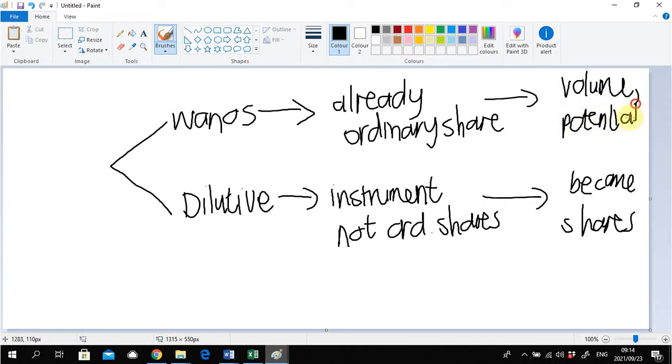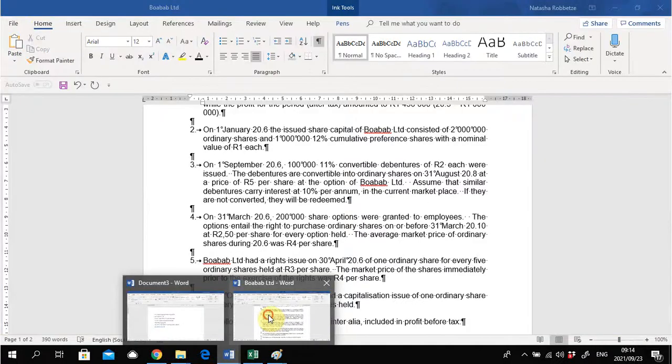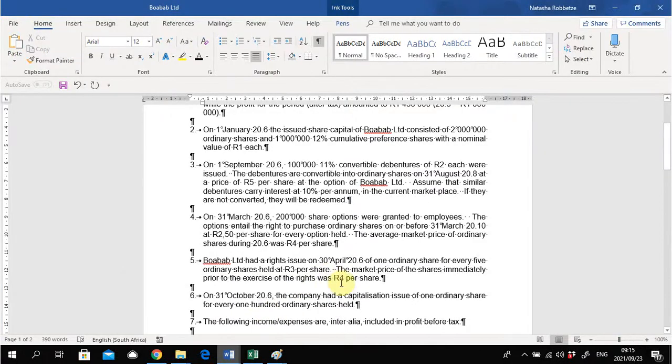So let's explore that. If we look at, for example, the capitalization issue, there's already ordinary shares, and the capitalization issue just gives you more shares for the ordinary shares that are available. Same with share splits. It's already an ordinary share.